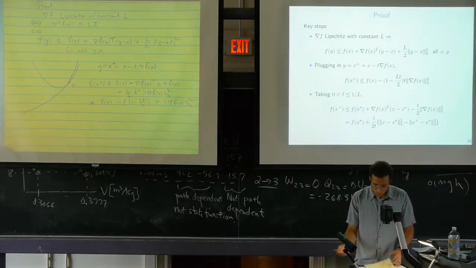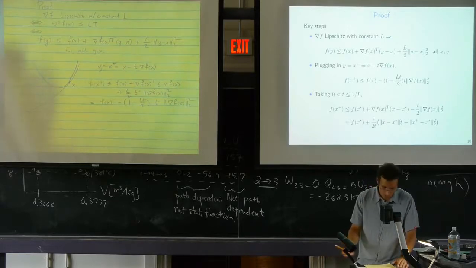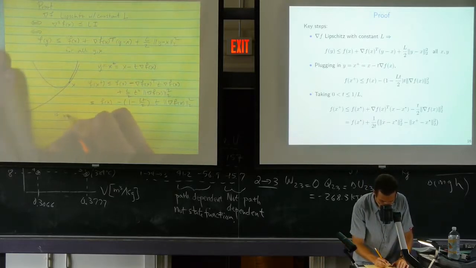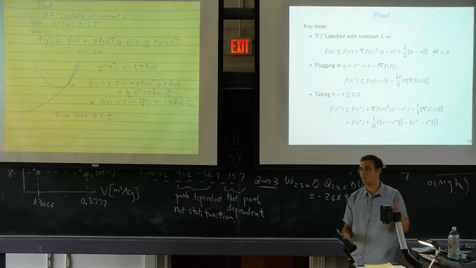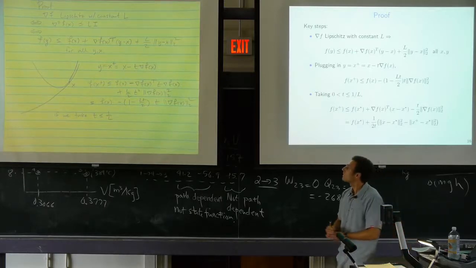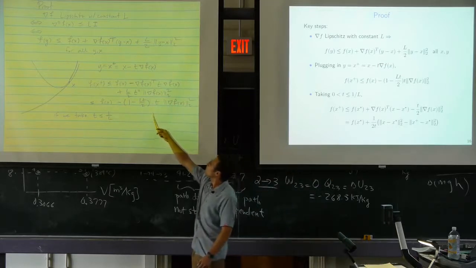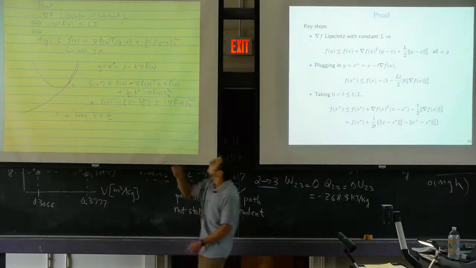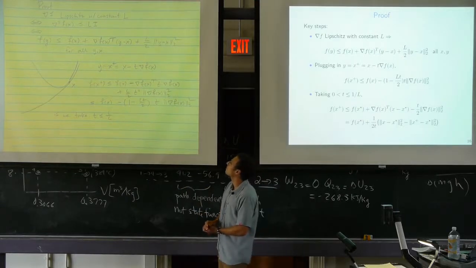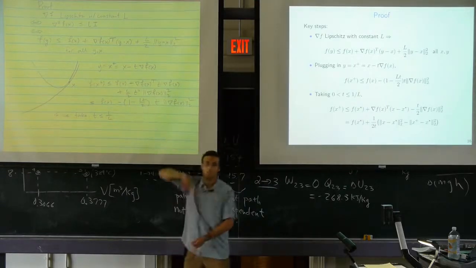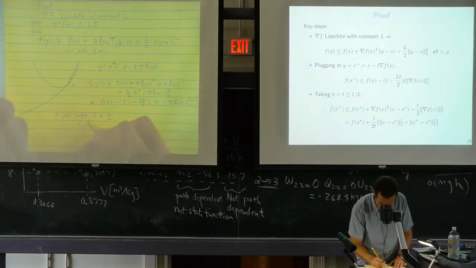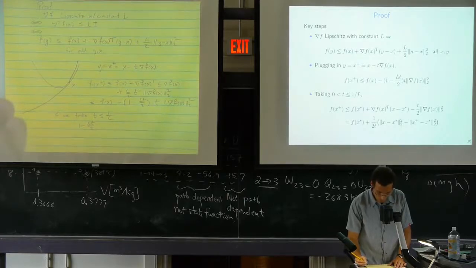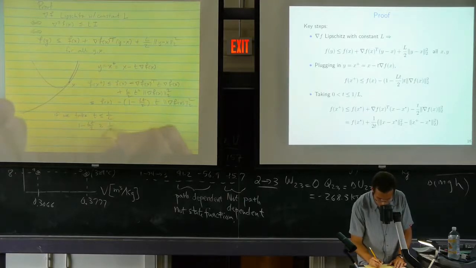So why is this helpful? Well, one really simple thing is it tells us that if we take t to be less than or equal to 1 over L, as prescribed by the theorem, then this whole term here is positive, right? We have that 1 minus L times t over 2 is bigger than or equal to a half.